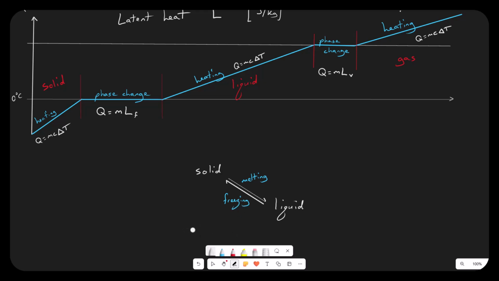If I go liquid to a gas, that one is evaporating, evaporation. And if I go gas to liquid, that one is condensation.